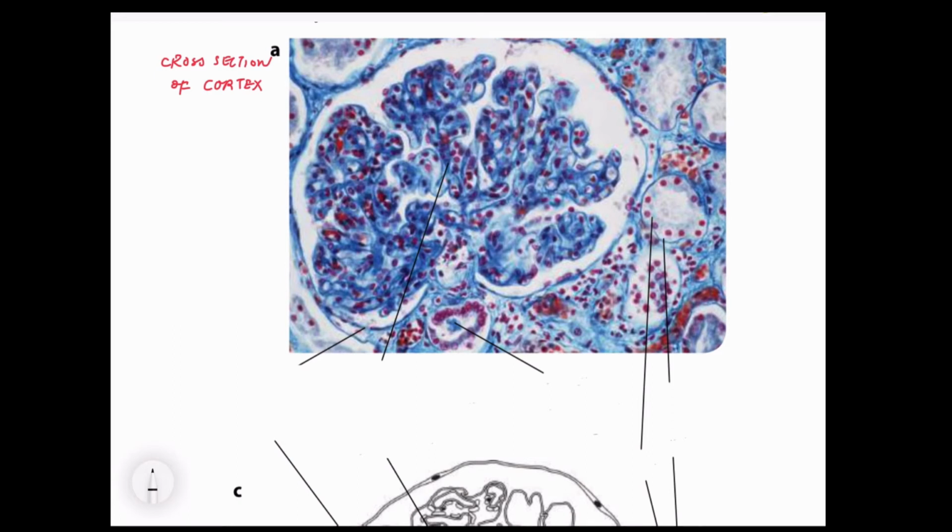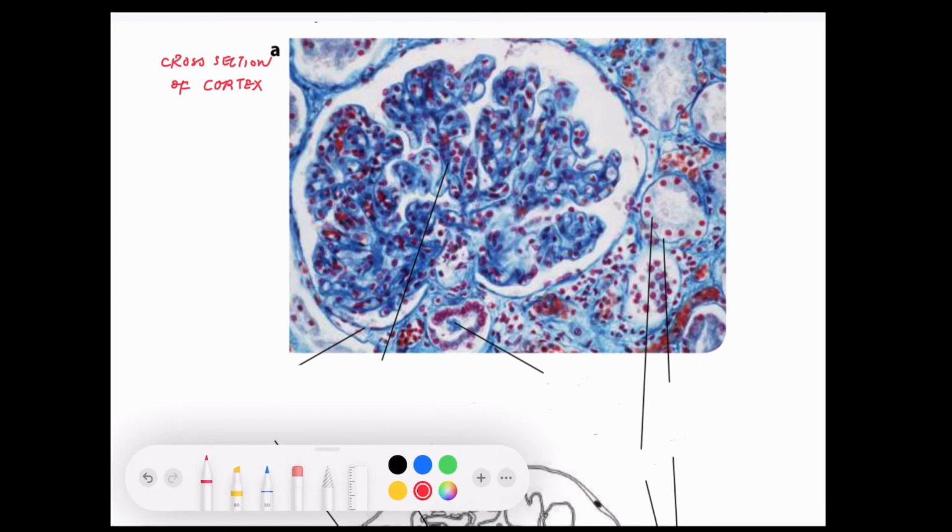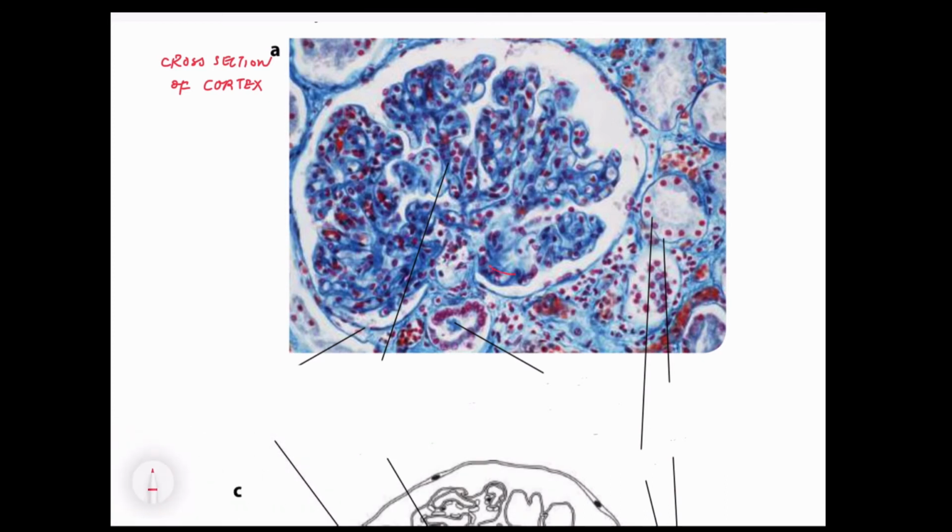First of all, try to find an island-like structure where it looks something like this, where it's actually separated from the surrounding cells by a space. The space is very significant as it will most likely represent the Bowman's capsule space, where the glomerular filtrate will be collected.